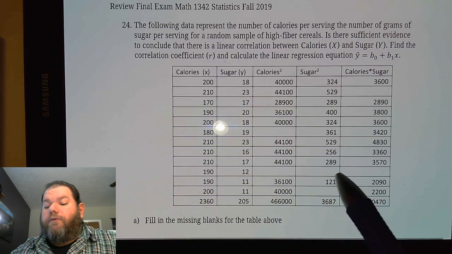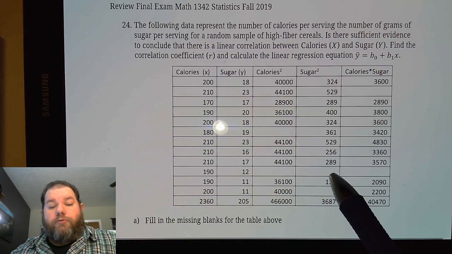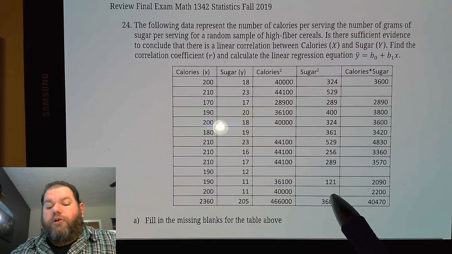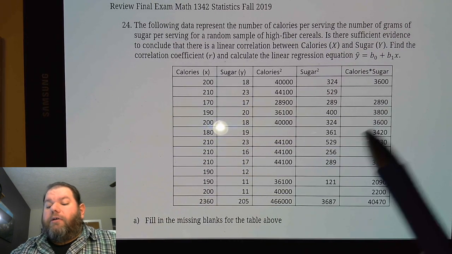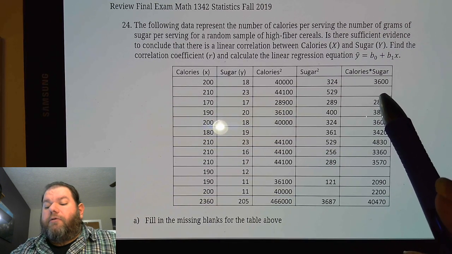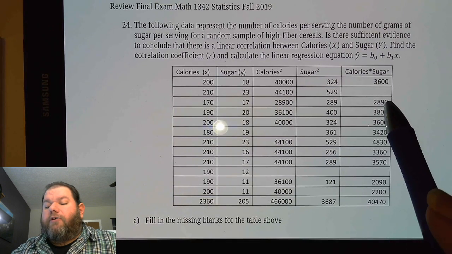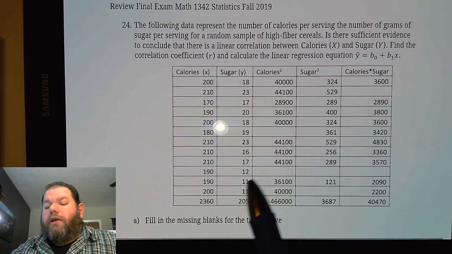Sugar is 12, so we'll do 12 squared, which is 144. And then this one's 11, so this is 11 squared, 121. And then calories times sugar up here. Just multiply those two numbers together. 210 times 23. Fill it in. Same thing down here. Fill it in.